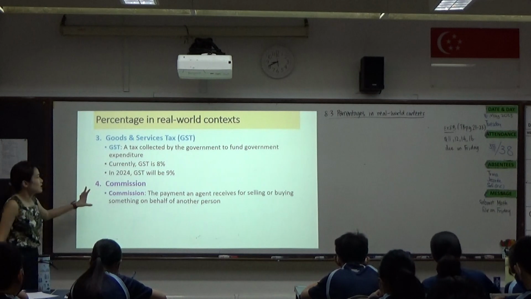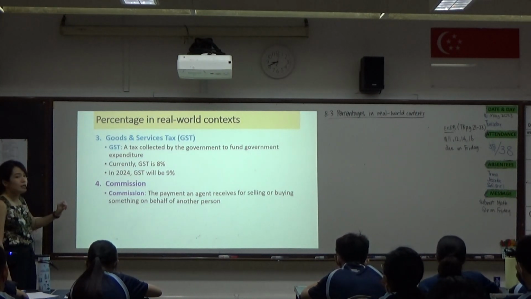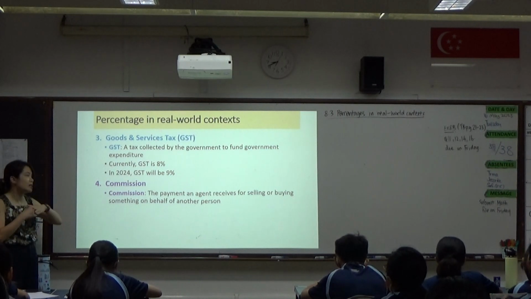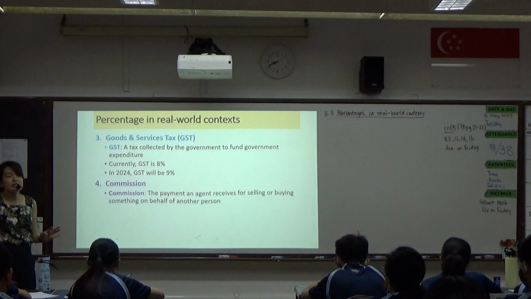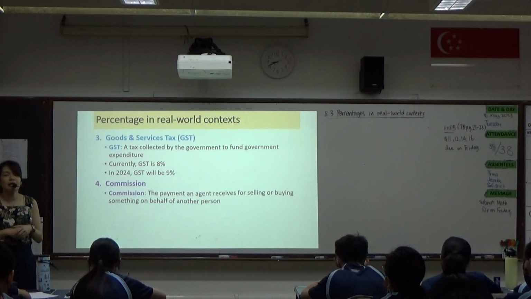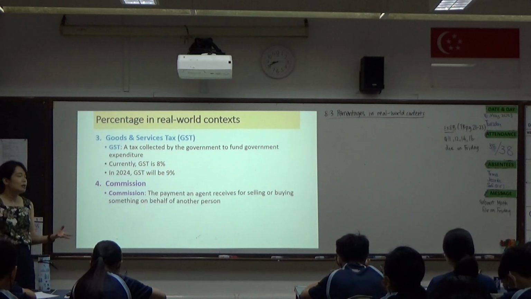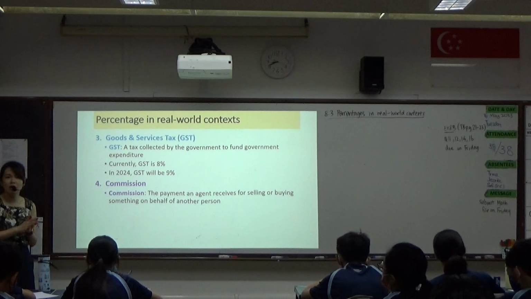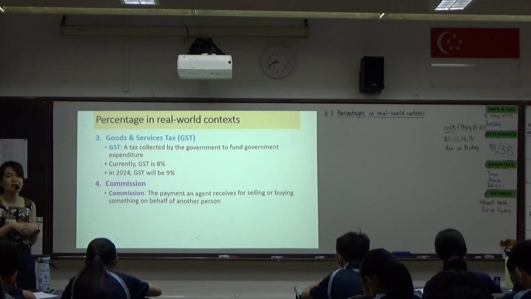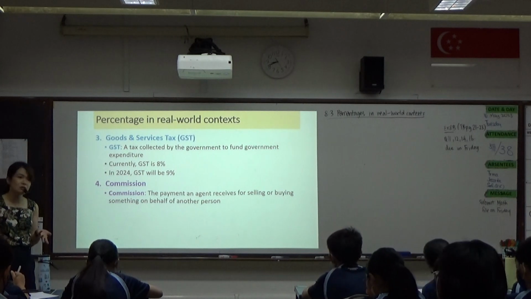Last thing, commission. Commission is the amount of money that an agent receives for helping you. For example, maybe you have a family member who buys or sells houses, or helps to buy or sell cars, or insurance and financial policies.